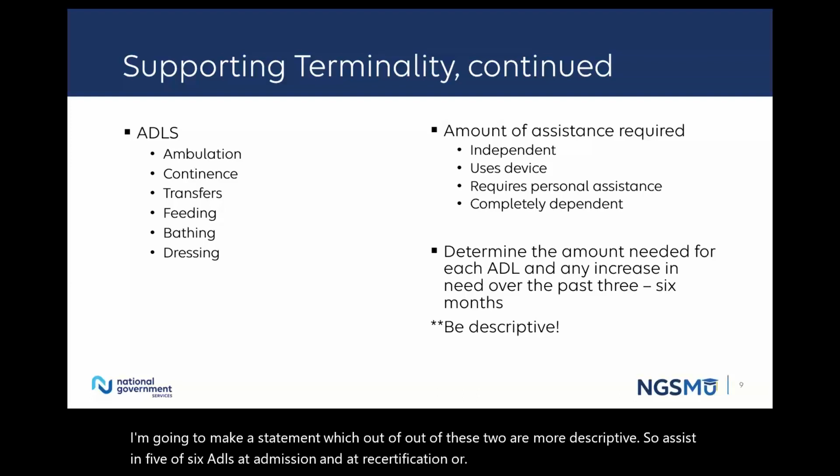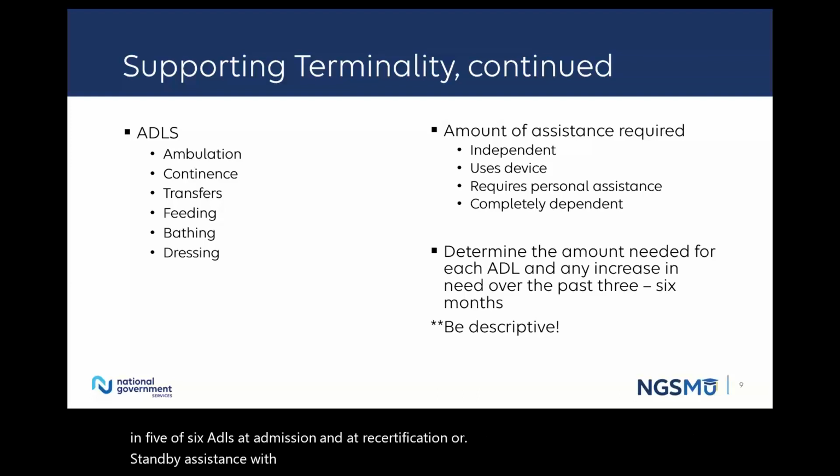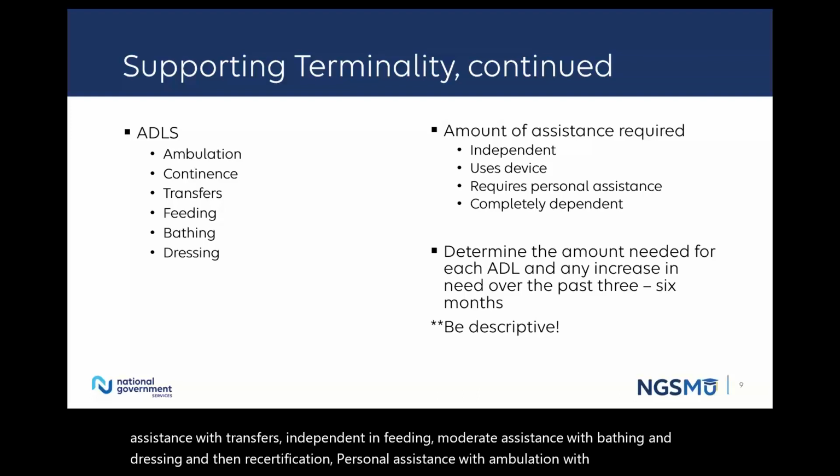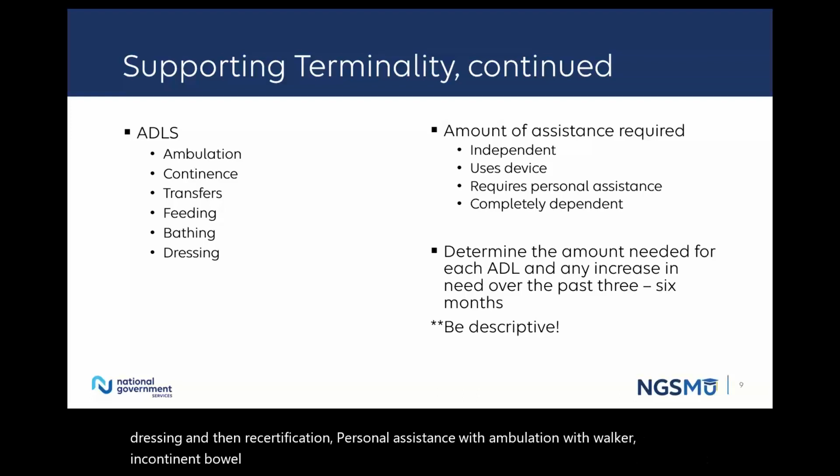Or, admission: standby assistance with ambulation with a walker, occasional incontinence, minimal assistance with transfers, independent in feeding, moderate assistance with bathing and dressing. And then recertification: personal assistance with ambulation with walker, incontinent bowel and bladder, maximum assistance with transfers, independent in feeding, moderate assistance with bathing and dressing.